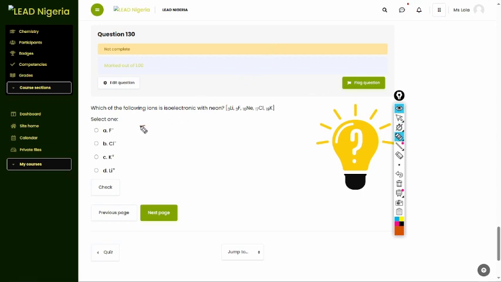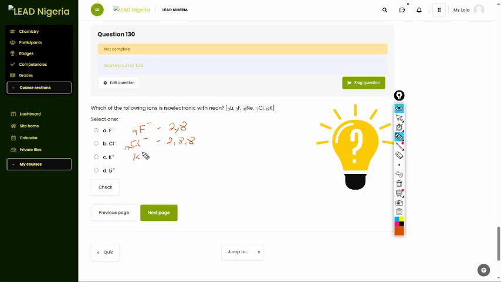Now fluorine is usually 2,7, but when it gains 1 electron, it becomes 2,8. Chlorine, number 17, is usually 2,8,7. When it gains 1 electron, it becomes 2,8,8.